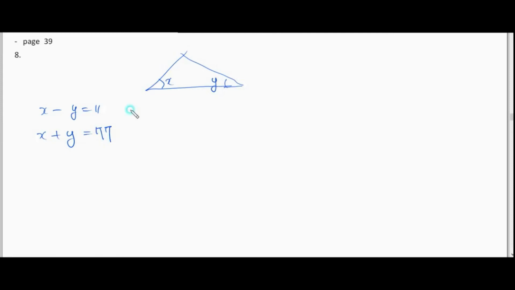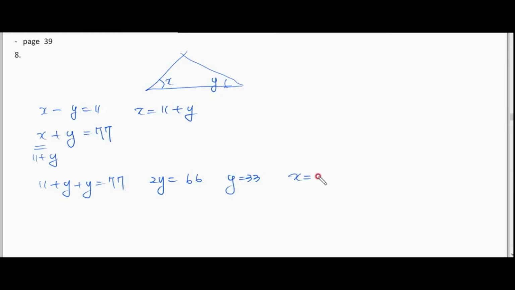Let's isolate the first one, the x. Then x equals 11 plus y. So this is 11 plus y. Then let's write it out: 11 plus y plus y equals 77. And then 2y equals 77 minus 11, that's 66. y equals 33.